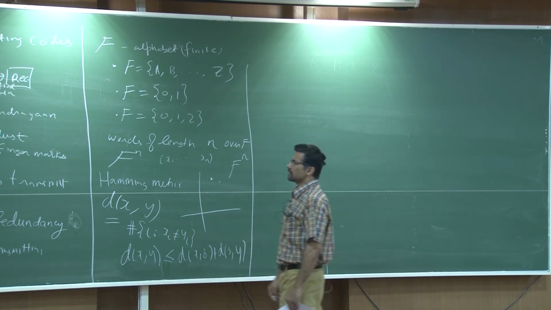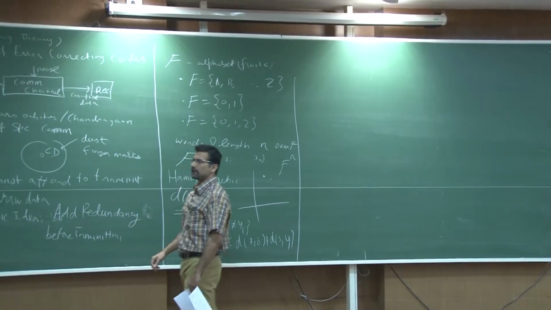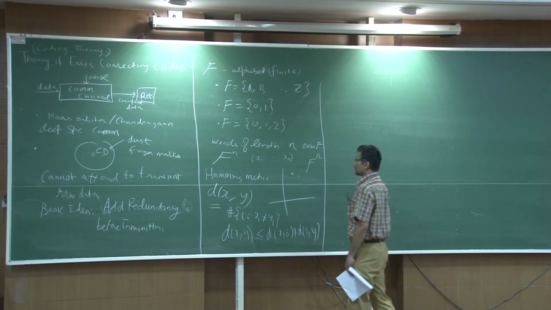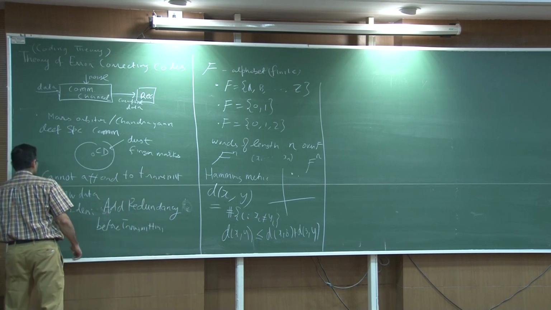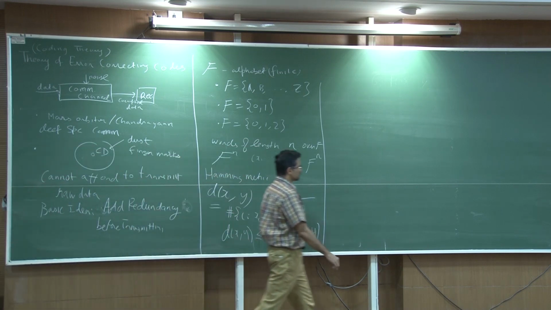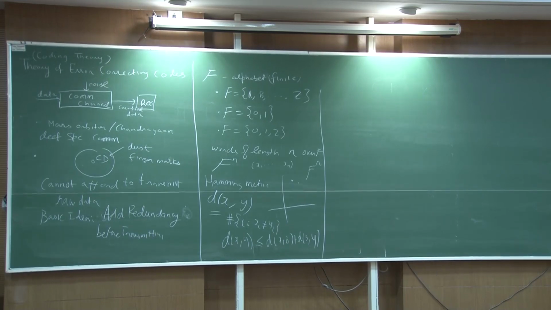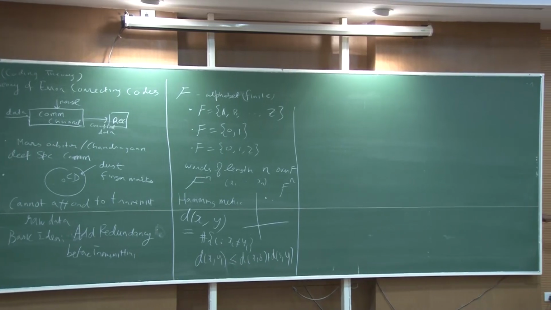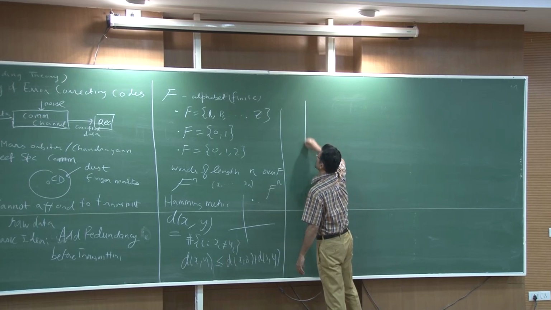Okay, so let us quickly come to how redundancy helps me to achieve error correction. So what you have is you want to transmit some information, and maybe your information doesn't necessarily look like words of length n from your alphabet, but what you will transmit is, so let me draw a picture again.